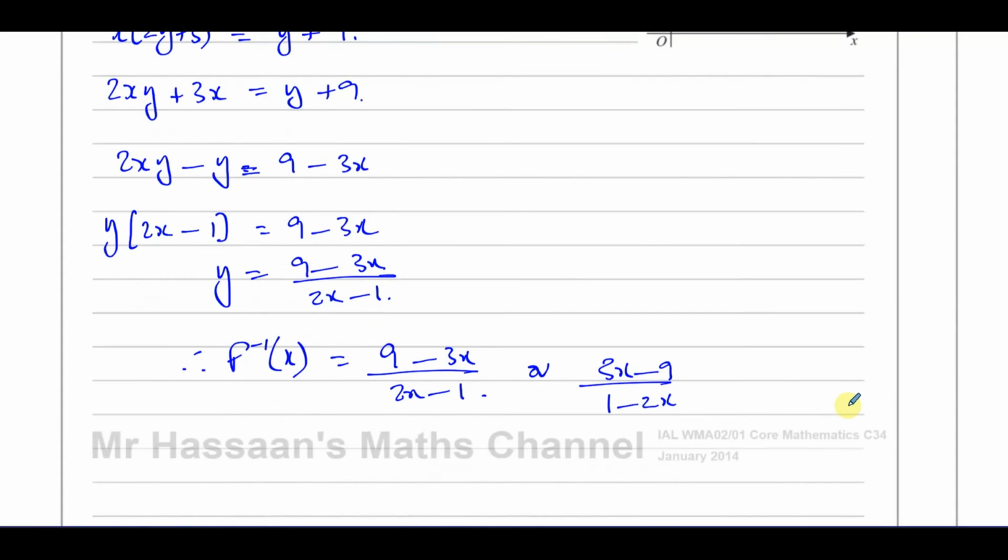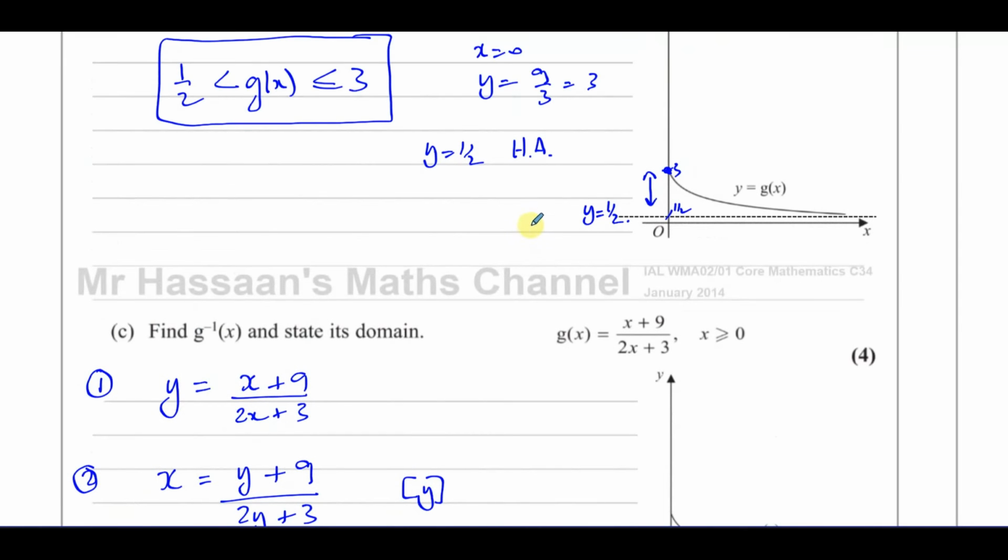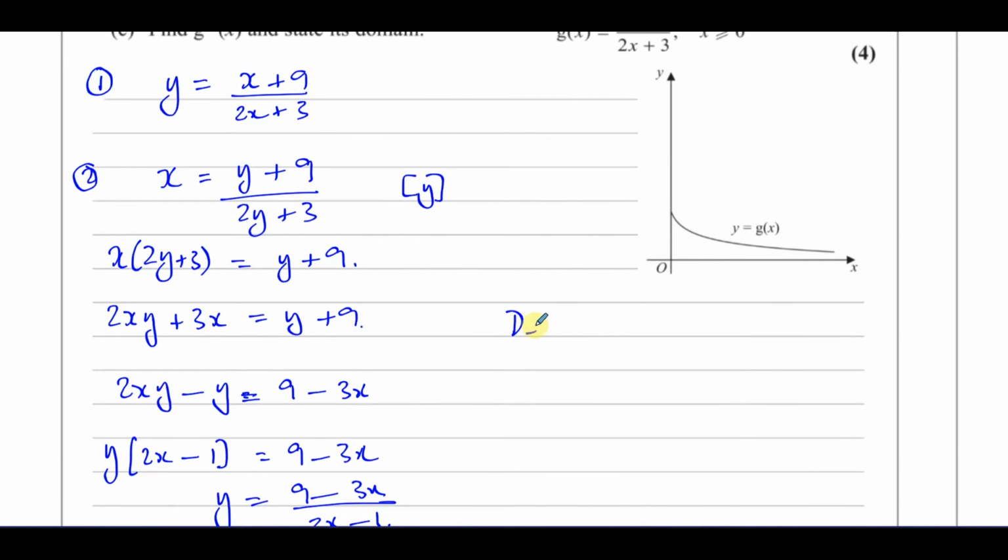Now, the domain of the inverse, it's very simple actually. Because we already have the range of the original, the domain of the inverse function for g is going to be the same as the range of the original function.